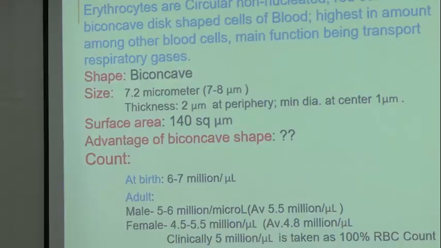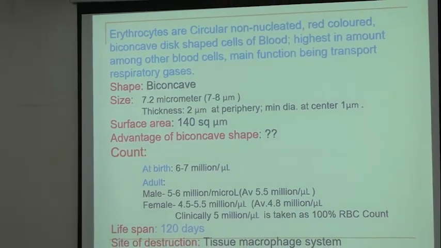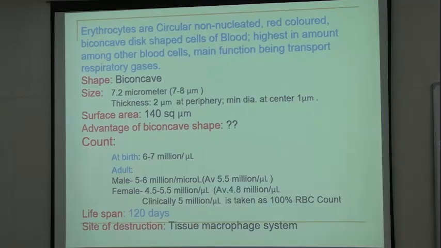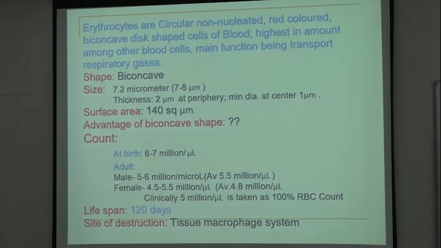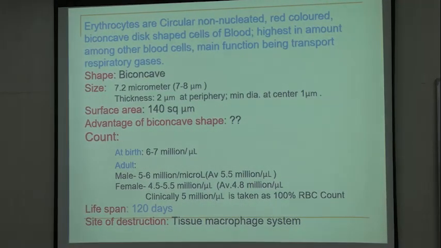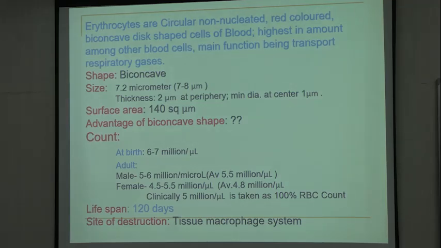circular cells of the blood, and one of the most important features is they are not having any nucleus. So you may be surprised. We know the nucleus controls the cell. So without nucleus, how can it live?